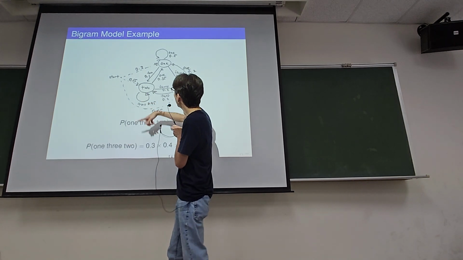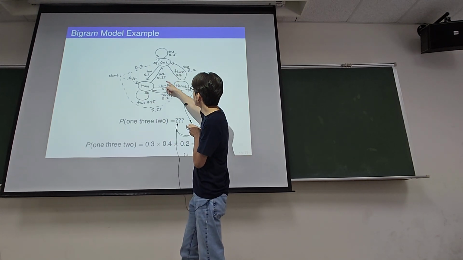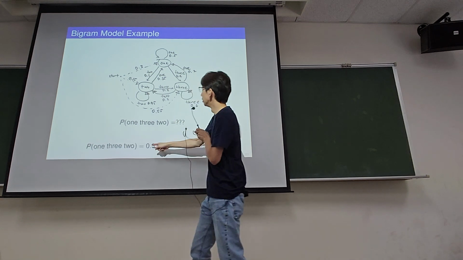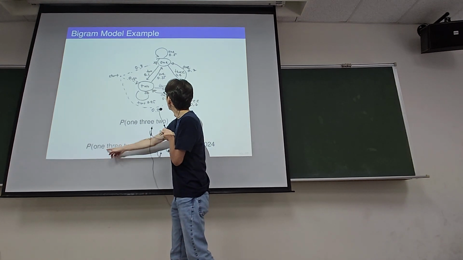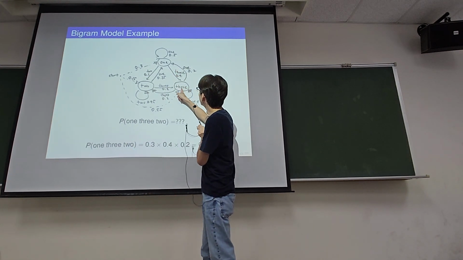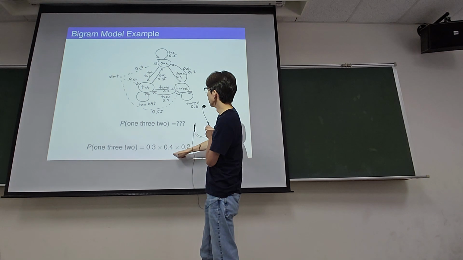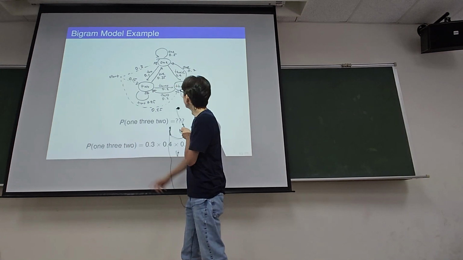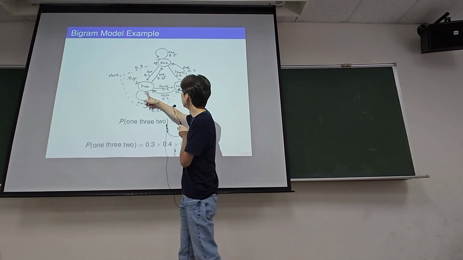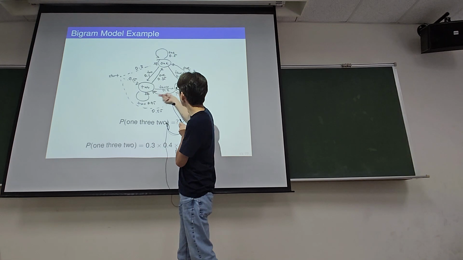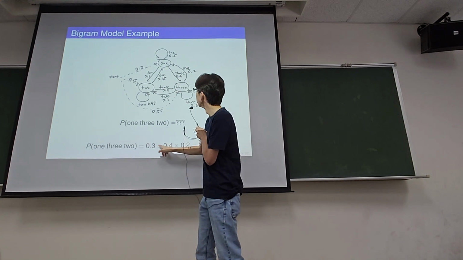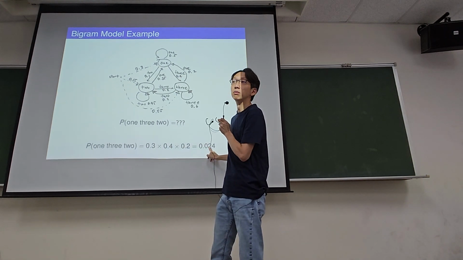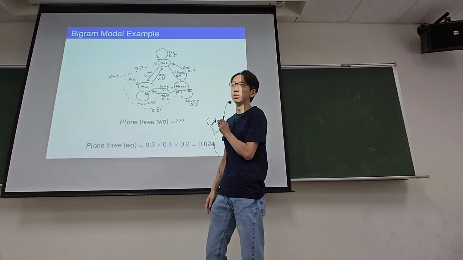So you have 1 given start, which is 0.3. You have 3 given 1, which is 0.4 right here. And then 2 given 3 is here, 0.2. Then you have all these three things multiplied, and you get 0.024. It's very simple.